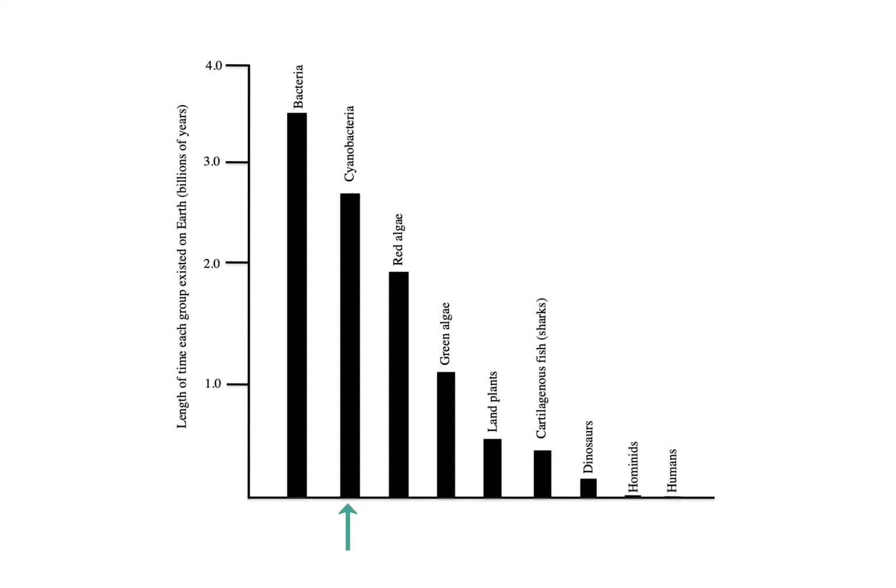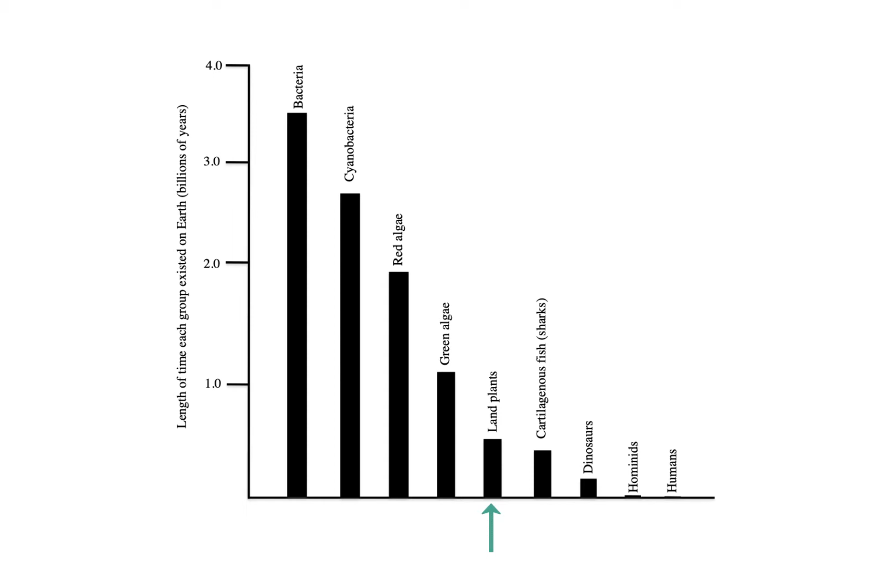And the non-oxygenic or anoxygenic cyanobacteria probably were around all the way back to about 3.5 billion years ago. The first species of red algae appeared around 1.9 billion years ago, so they've been around a long time. Green algae about 1.2 billion years.